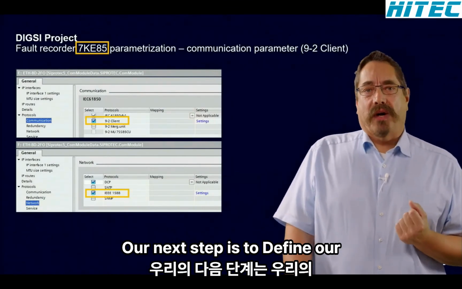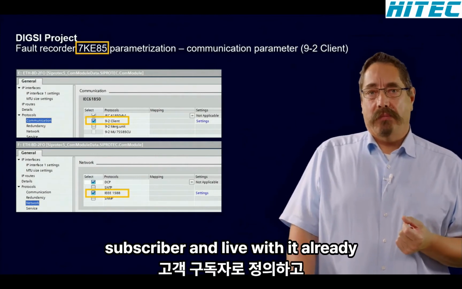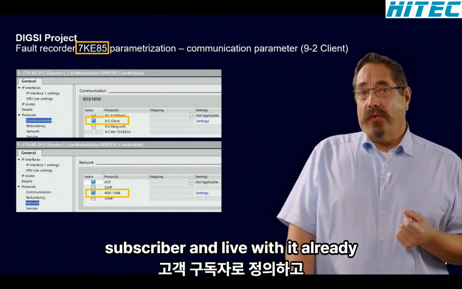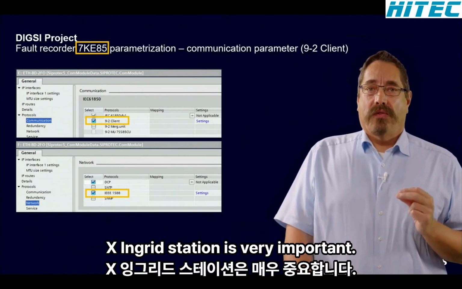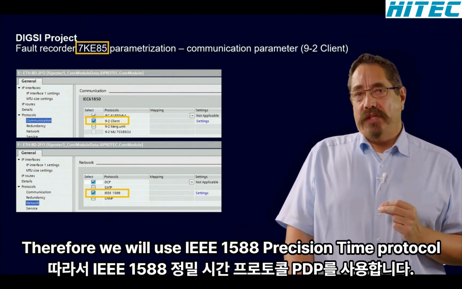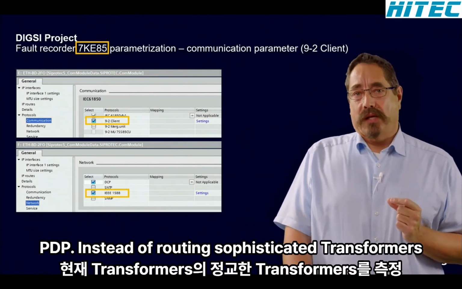Our next step is to define our 7KE85 as a process bus client subscriber. And like we did already in the merging unit, the time synchronization is very important. Therefore, we will use IEEE 1588 Precision Time Protocol, PTP, also for the subscriber side.